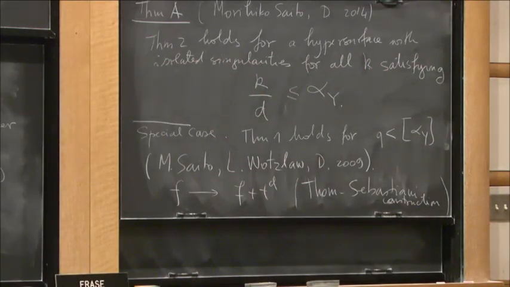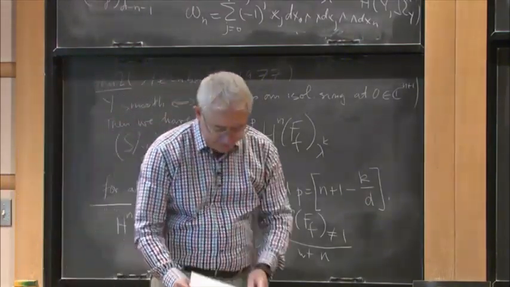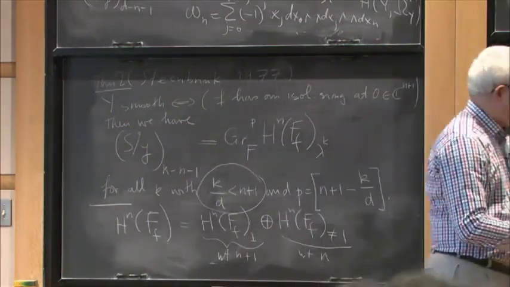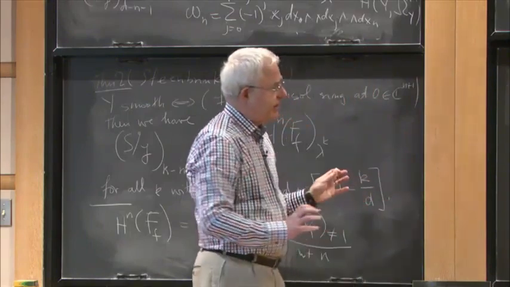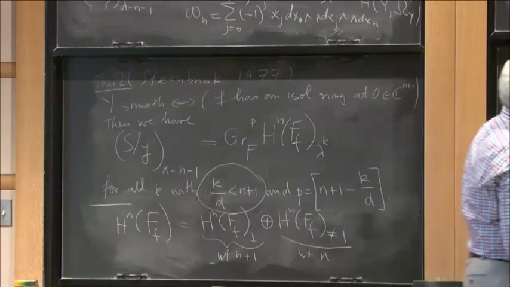Okay, so now we can ask what can we do for the other values of k. We have seen that up to the middle we have some result. What about the rest? And now we have some partial results, nearly complete, only for nodal hypersurfaces.